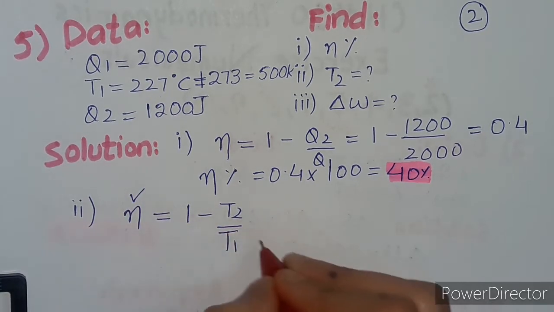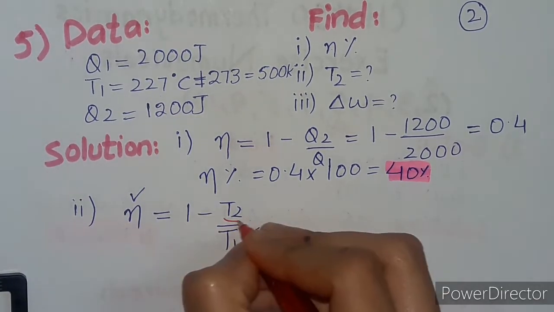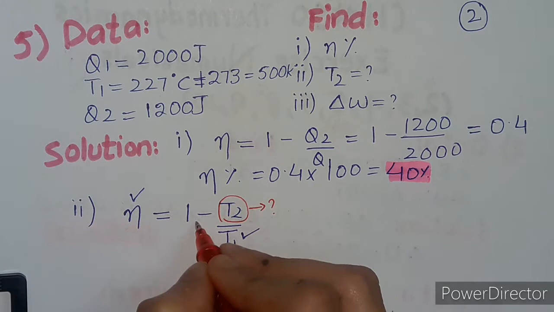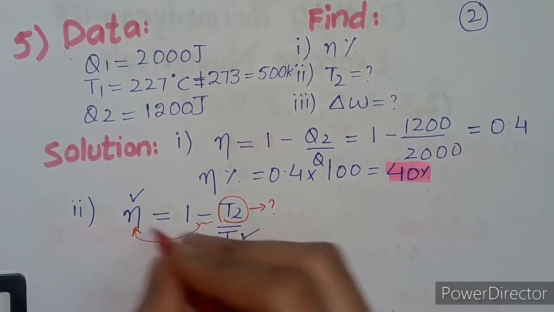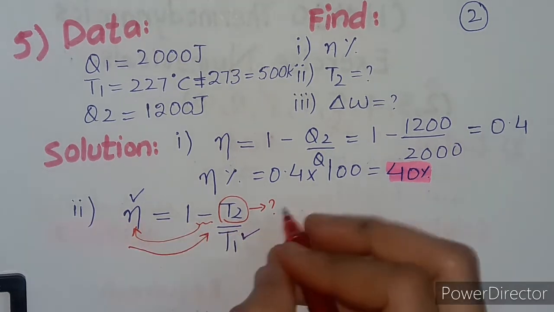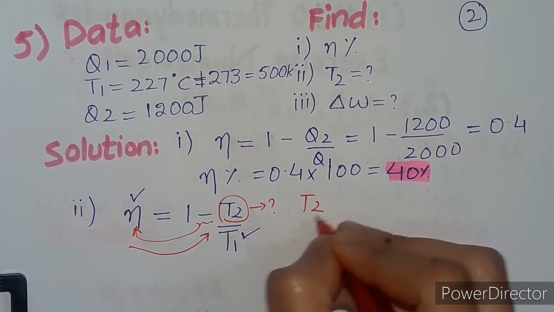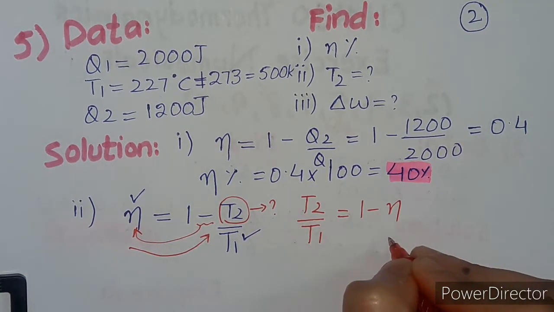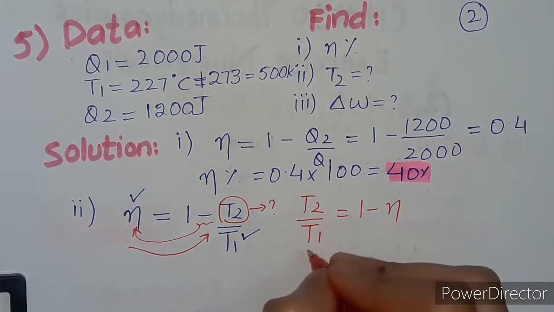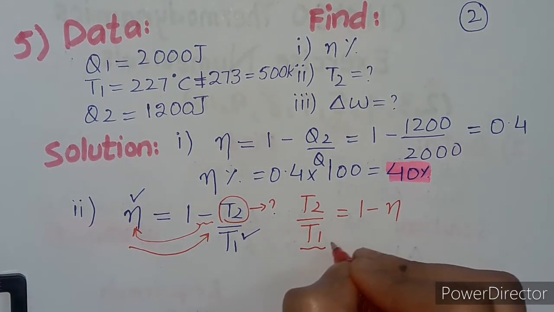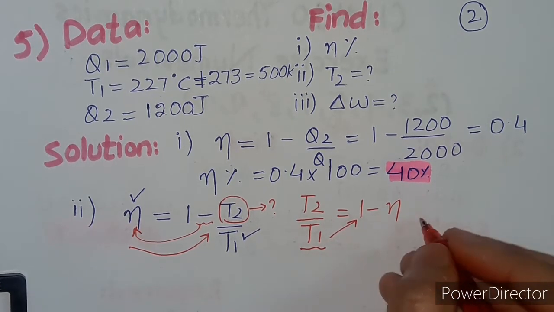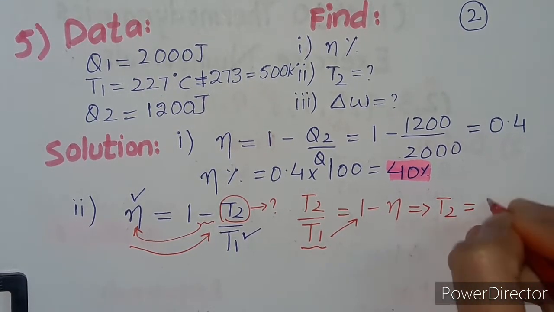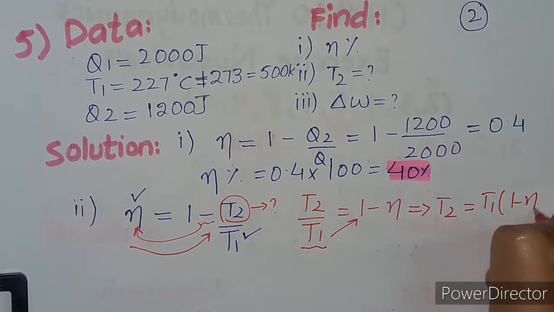We have found eta, and we are given T1; in the second part we have to find T2. So we rearrange: T2 divided by T1 is equal to 1 minus efficiency, eta. T1 goes to the other side and is multiplied with 1 minus efficiency. So we get T2 is equal to T1 into 1 minus efficiency.